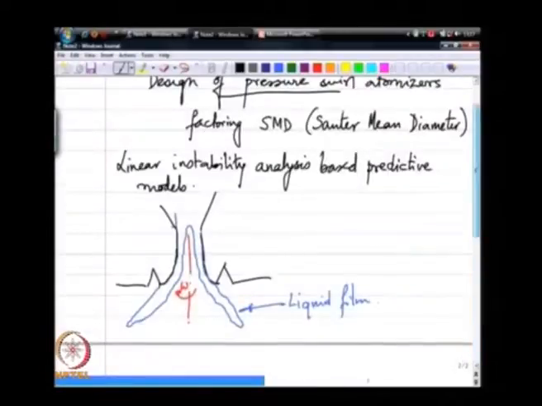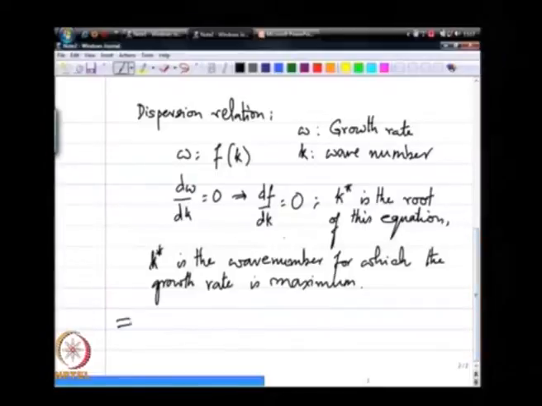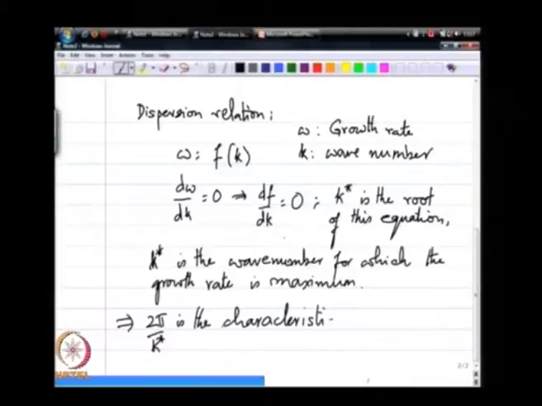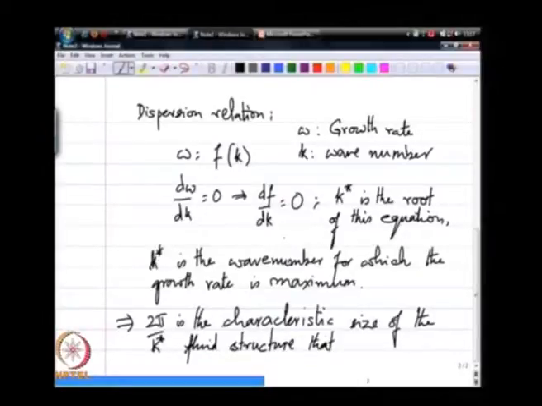Okay. And so, that also implies that 2 pi over k star is the characteristic size of the fluid structure that is most likely going to break off.